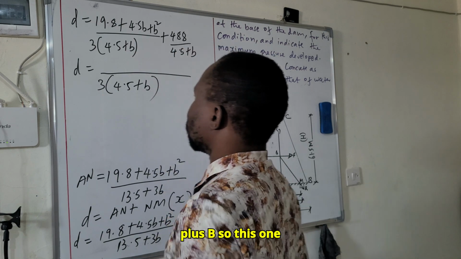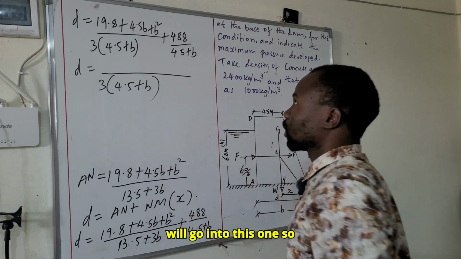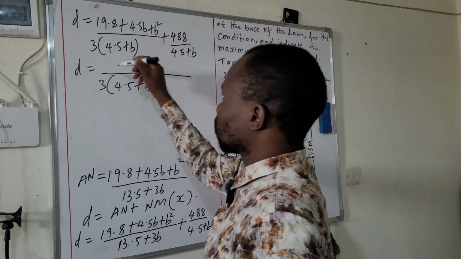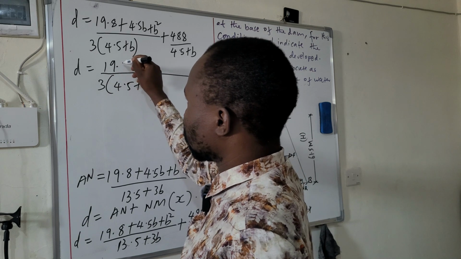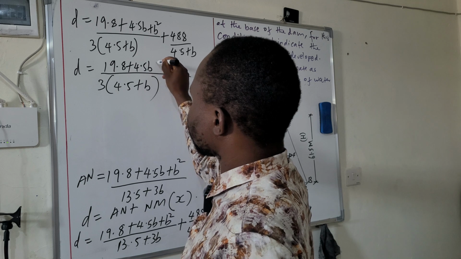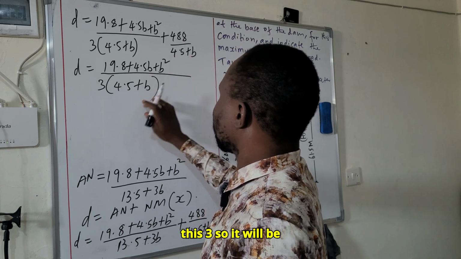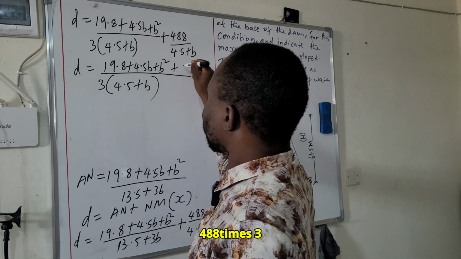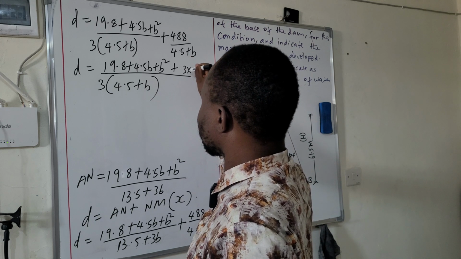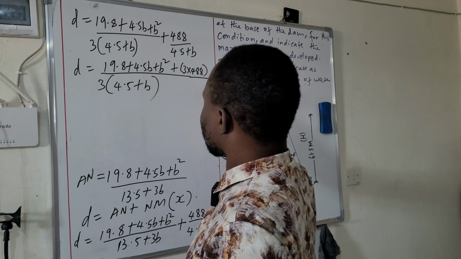So this one will go into this one, so we'll end up having 19.8 plus 4.5 B plus B square. And then this will go into this 3, so it will be 488 times 3. Like that.